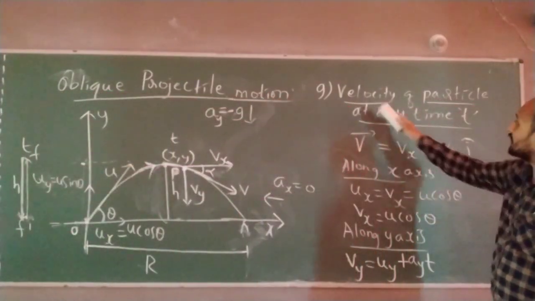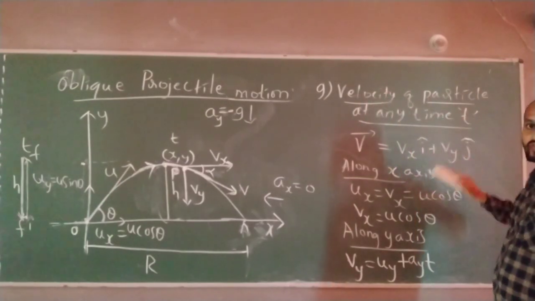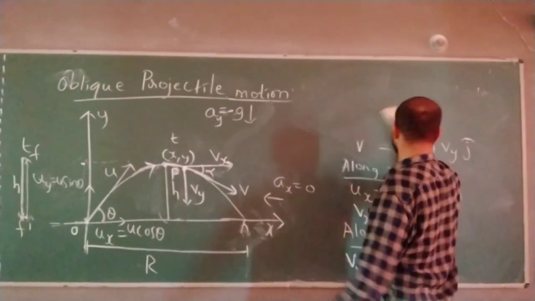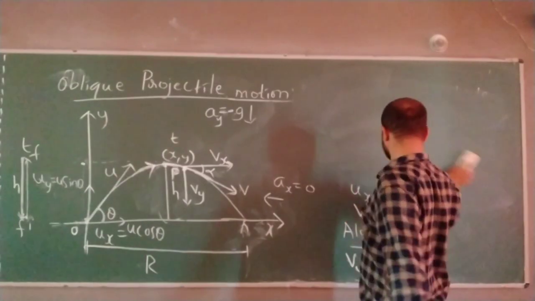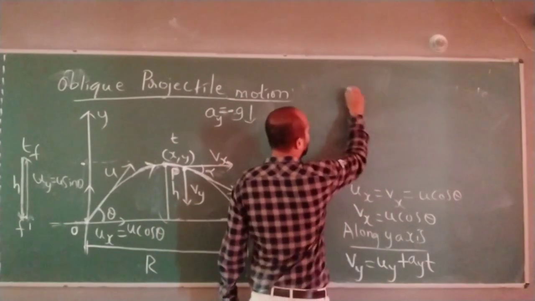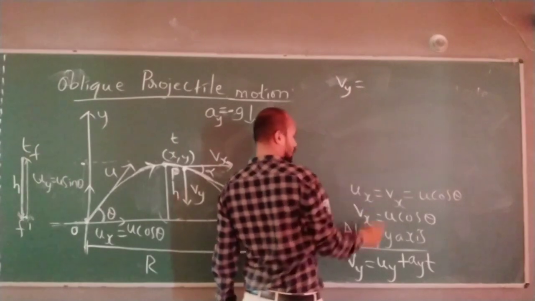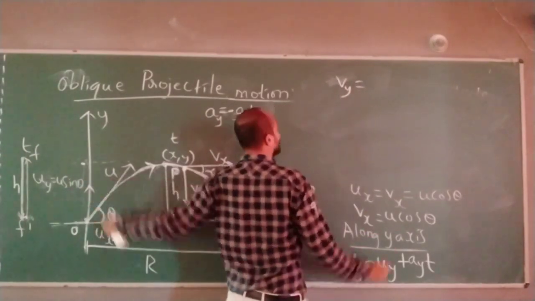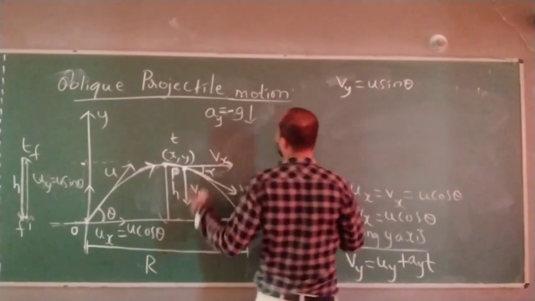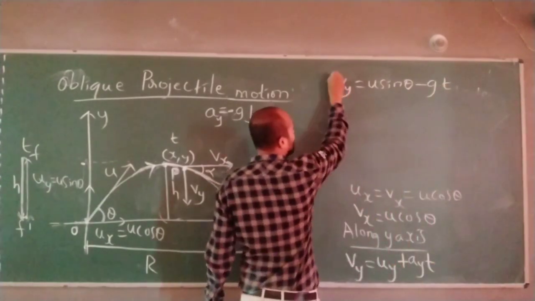That means I will find the velocity of a particle in terms of time. So here I can write vy is equal to uy plus ay t. What is uy? Uy is u sin theta. Ay is minus g, into t. Correct? This is the value of vy.